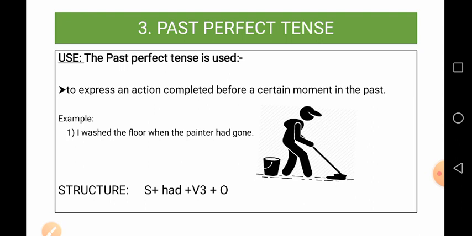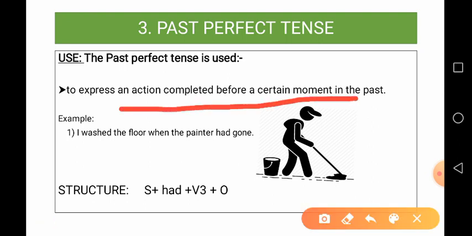Now the third tense is the past perfect tense. The past perfect tense is used to express an action completed before a certain moment in the past. Means something had completed at a certain moment in the past where we use past perfect tense.